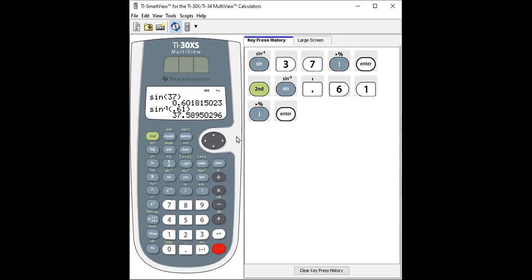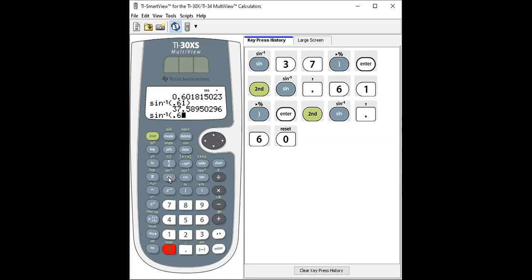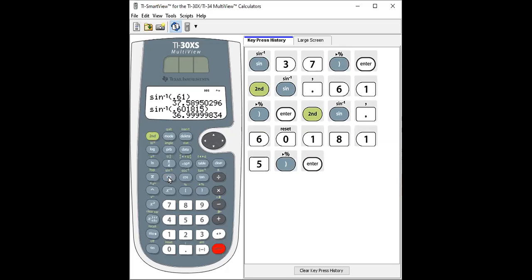Now if we put in the inverse sine of 0.6018, that's a little bit better of an estimate. Let's go farther, 0.601815. That should give us an answer a lot closer to 37, and it did. So when you estimate that, the farther out you can take your decimal place, the closer your answer will be.